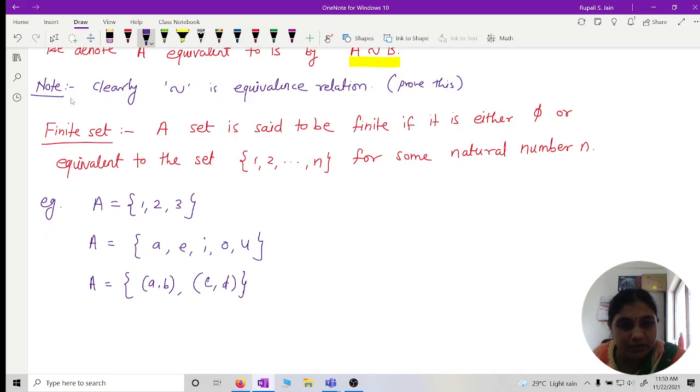So ordered pairs, I have taken 2 ordered pairs, so 2 elements it consists of. Or the set of all divisors of 6.